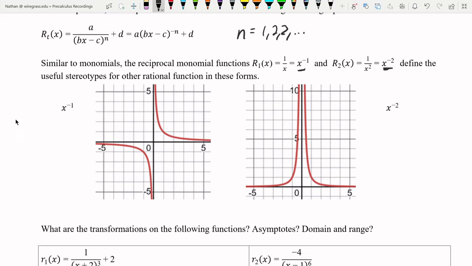X squared was the parabola. It went up to the left and up to the right. X cubed went down to the left and up to the right. This is very similar in that regard: any odd power is going to be somewhat like this one, and any even power, or I should say negative even power, is going to be somewhat like this one.